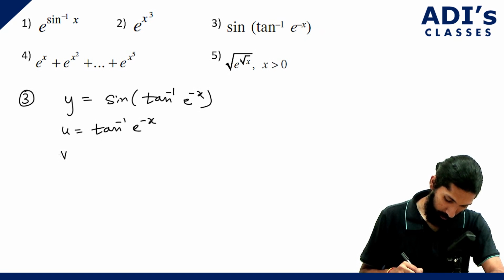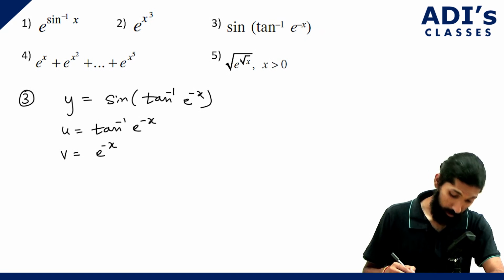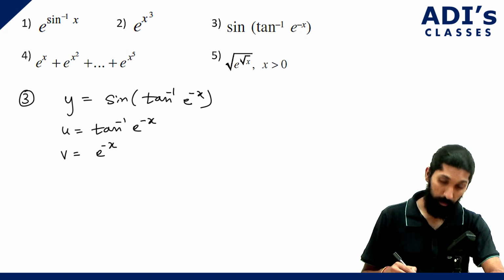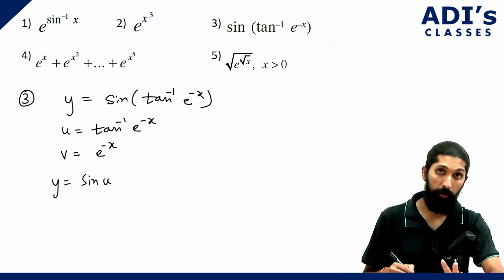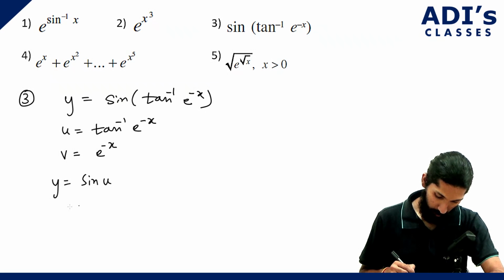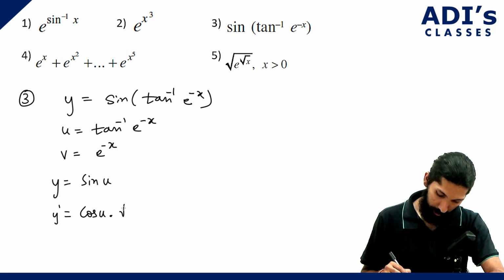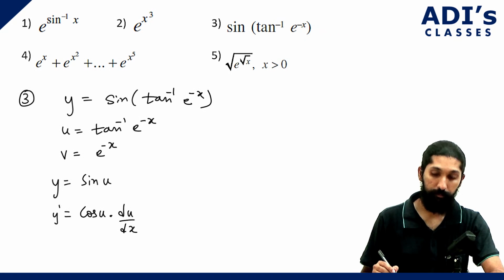Next, say v is equal to e power minus x. Basically, what we'll have is y is equal to sine u, correct? Let's do this one. So you get y dash is equal to cos u into du by dx. Isn't it? This is the first part.